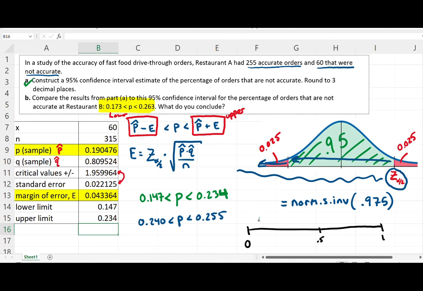Then we get restaurant A's interval is right here, and then restaurant B's interval is completely above. In that case, we would say, yes, there is a significant statistical difference. But that's not the case.